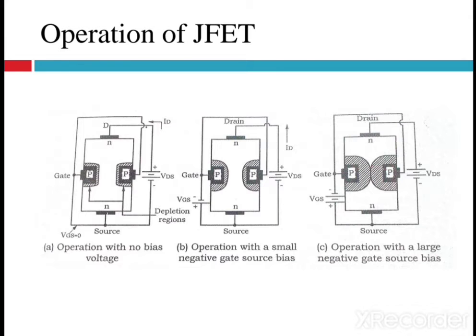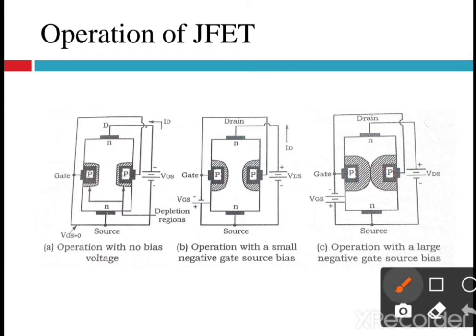So let us consider them one by one and start with the first operation when VGS is equal to 0. Considering the first diagram, the gate is connected to the source, making VGS equal to 0.